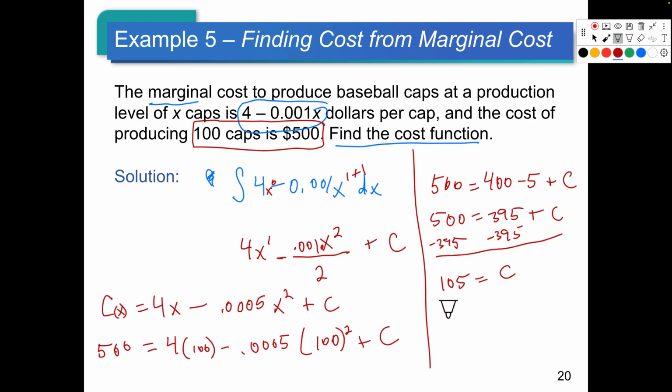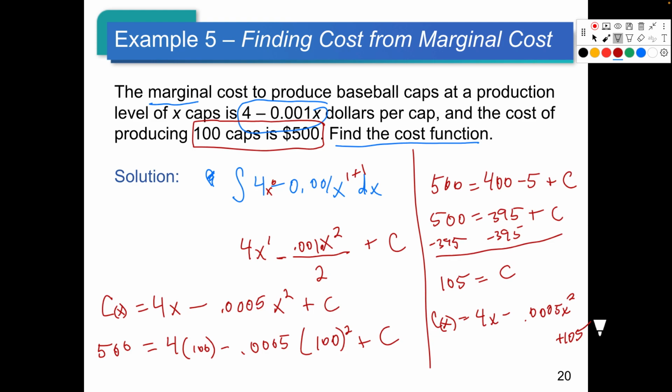So now we can say, hey, we know exactly what this cost function is. It is 4x minus 0.0005x squared plus 105. I had to kind of squeeze it in there, but okay. So now you see we can actually get back, but we needed that extra piece of information. I remember doing these when I was going, why is that important? Well, that's important because it gives us what c is.